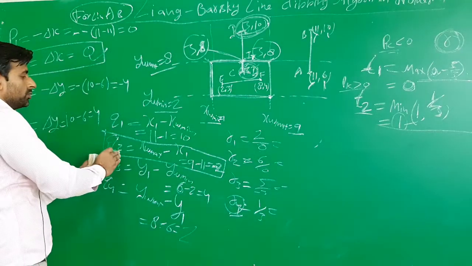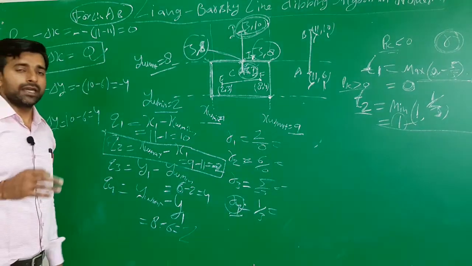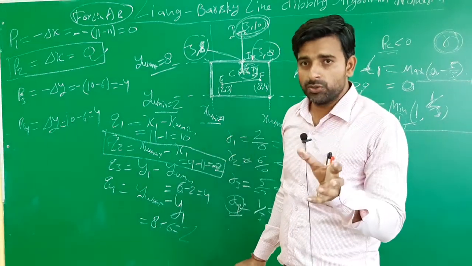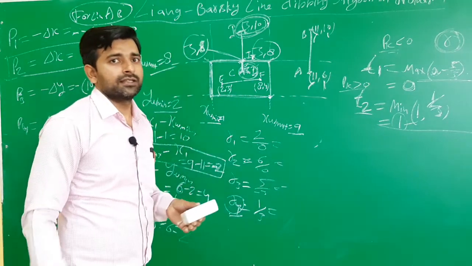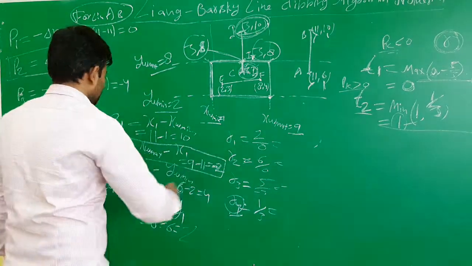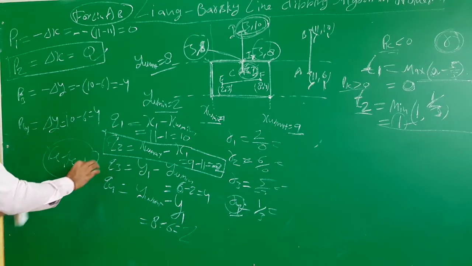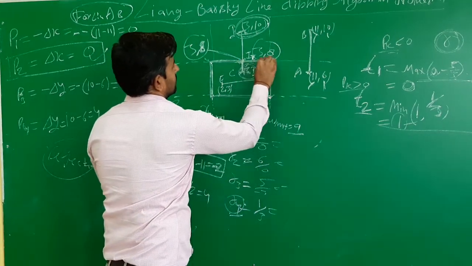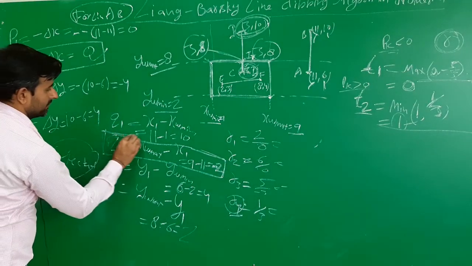It means Q2 is less than 0, and P2 is 0, and we have a condition: when Pk is equal to 0 and Qk less than 0, then the line is totally outside the window and rejected. Then we will write rejected. As we are seeing in the diagram, AB is outside the window. Then this condition is in front of us.